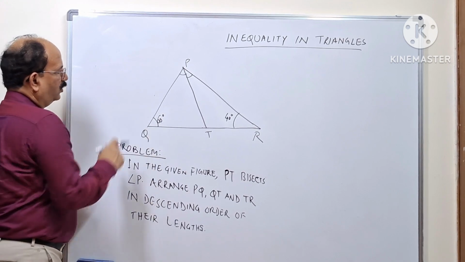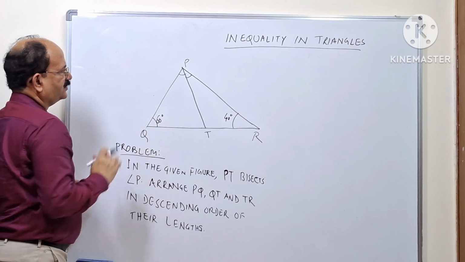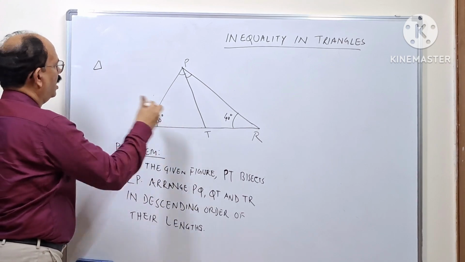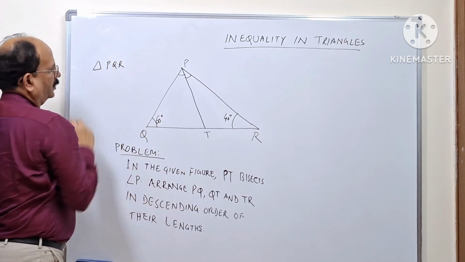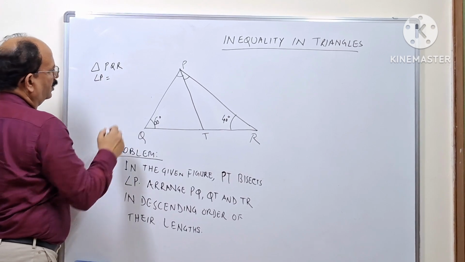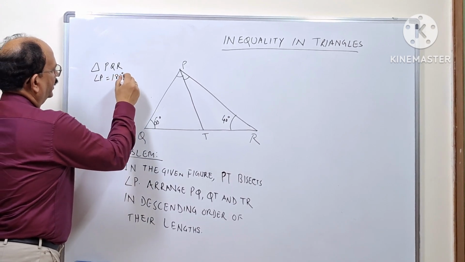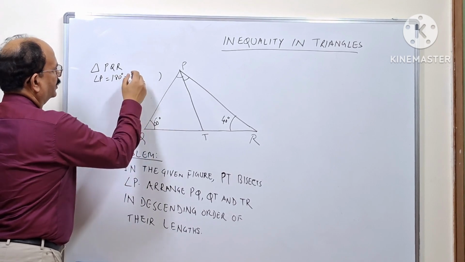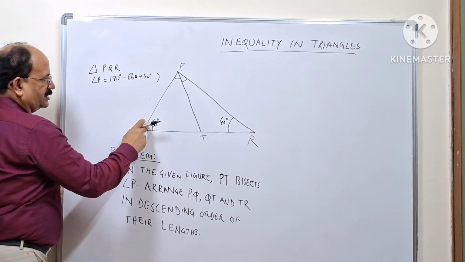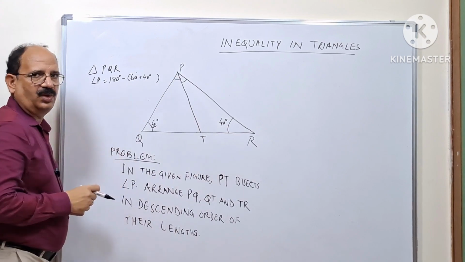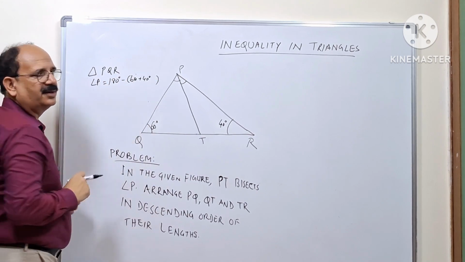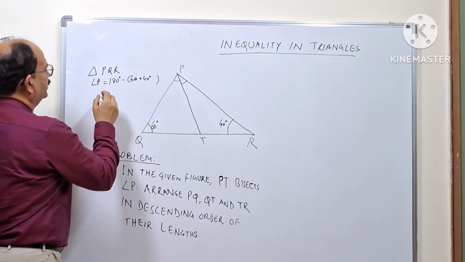Now if we just focus on triangle PQR, we know that angle P will be equal to 180 degrees minus (60 plus 40) degrees, because the sum of these three angles will be equal to 180 degrees.